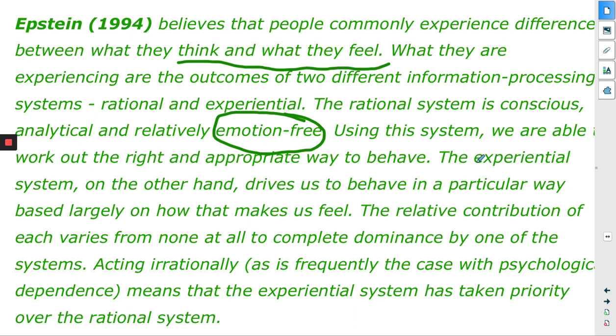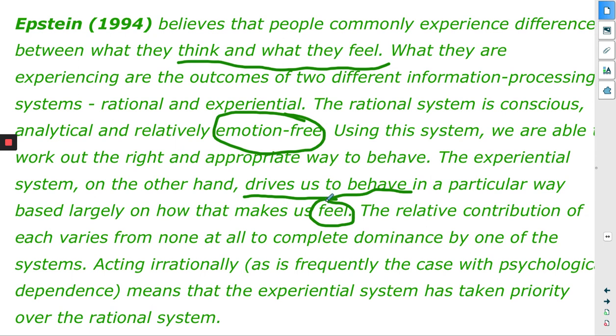However, it says here the experiential system, on the other hand, drives us to behave in an emotional way. Okay, so on one day I might say to myself, no, I don't want cake, and I'm okay. But on another day I might completely turn around, and it could be, I'm having a bad day, I've heard some bad news, or I'm not feeling great today, I didn't sleep well, whatever it could be.